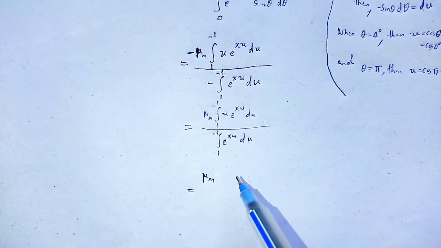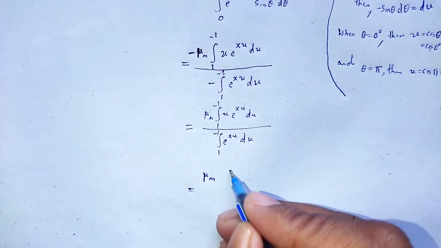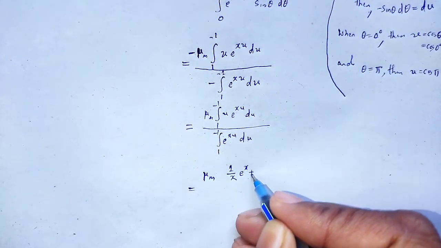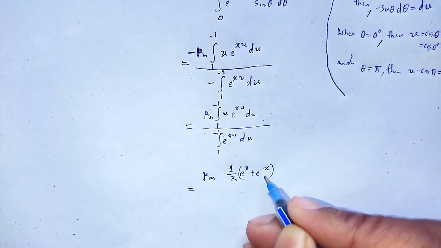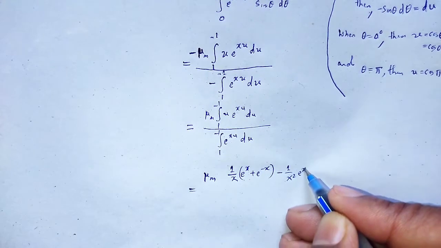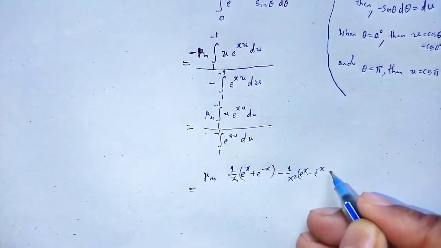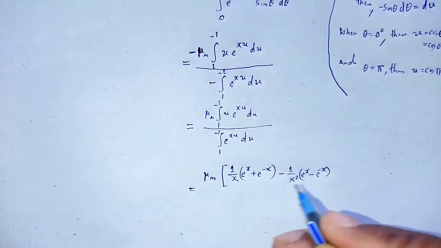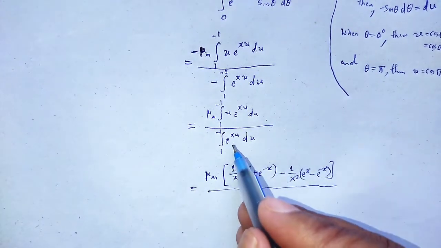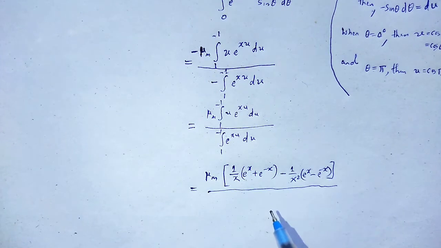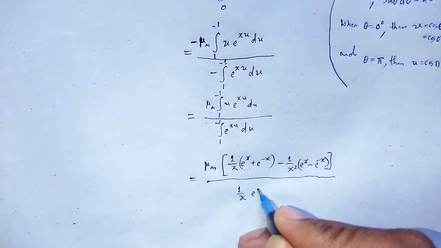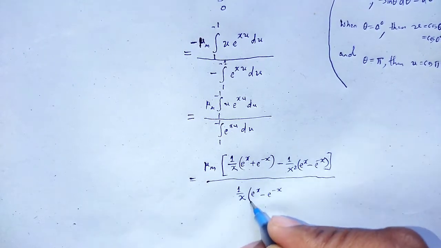We just use it directly as 1 by x e to the power x plus e to the power minus x, minus 1 by x square e to the power x minus e to the power minus x, divided by, again its integral evaluated, 1 by x e to the power x minus e to the power minus x.